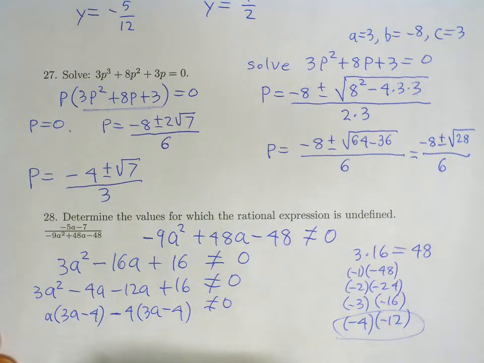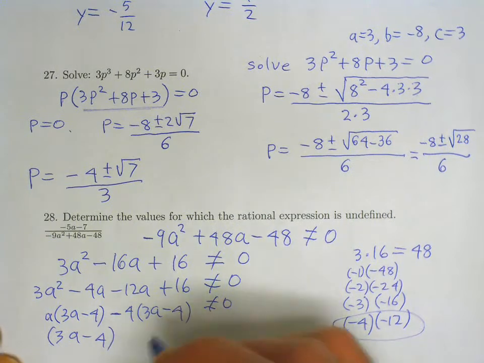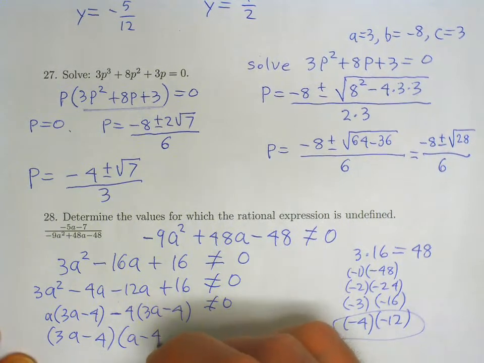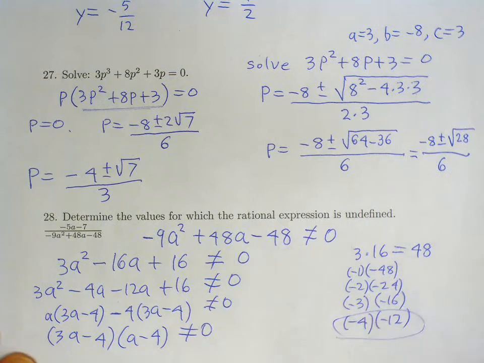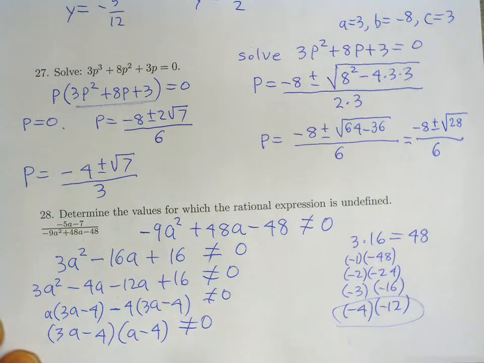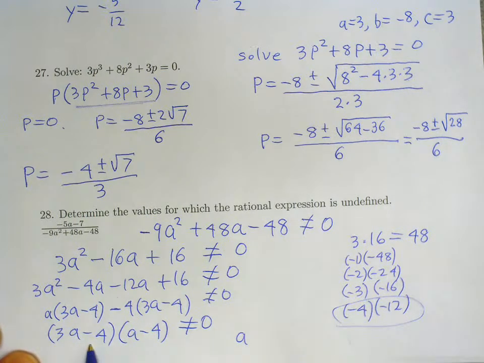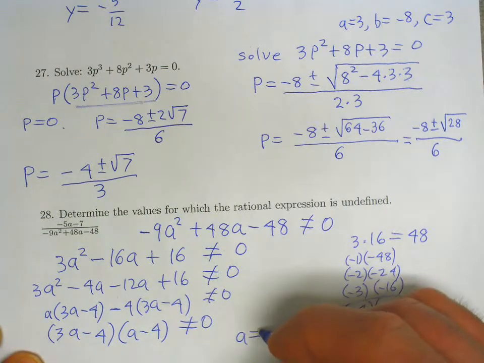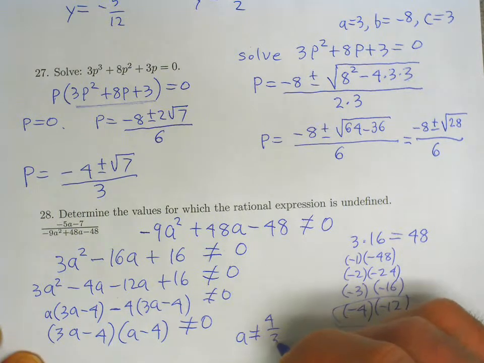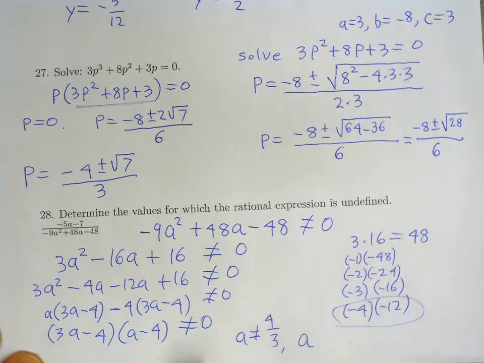So we're almost done. (3a - 4) times (a - 4). This product does not equal 0. So the restricted values are found by setting each factor equal to 0: add 4, divide by 3. So a cannot be 4/3, and the other one, a cannot be 4.